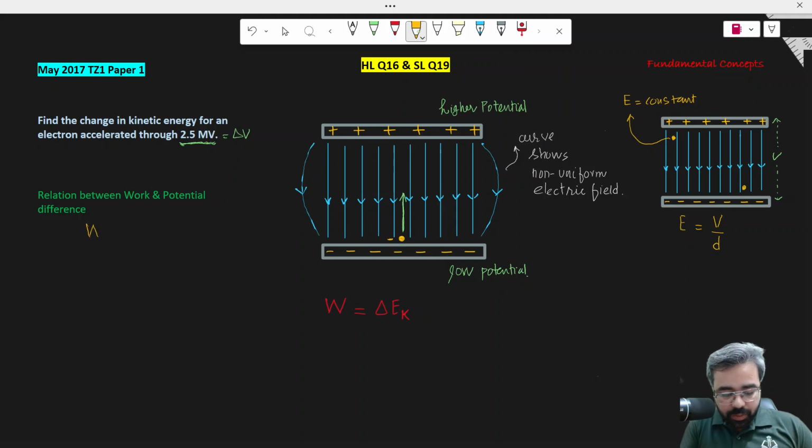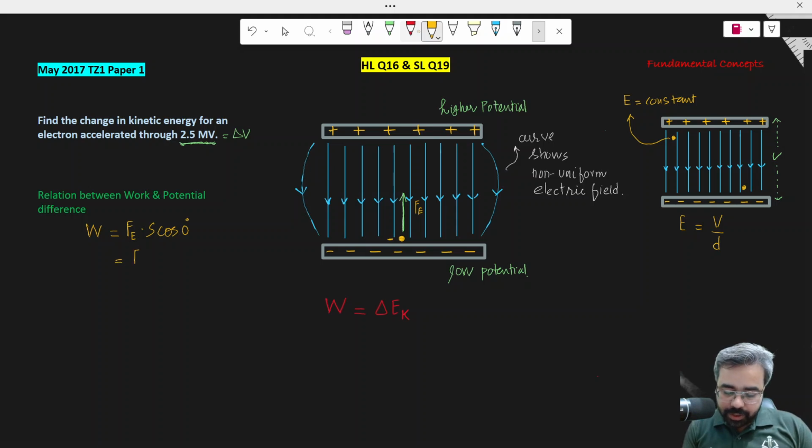We will start from the general formula of work done, which says the electric force times the displacement covered, times the cosine of the angle. In this case the electric force and the displacement are in the same direction, so the angle is 0.